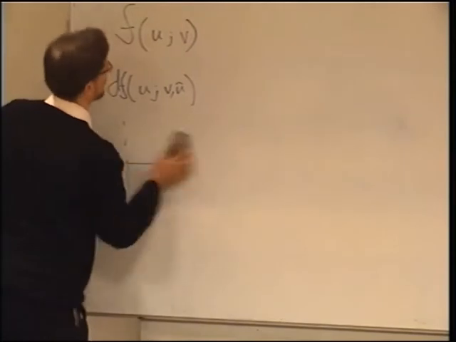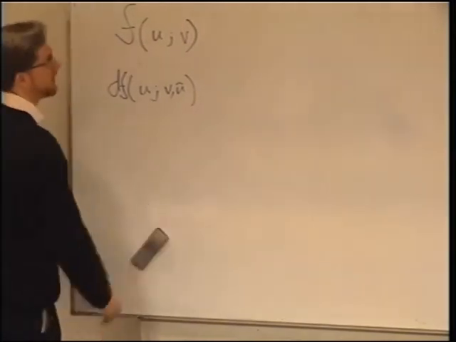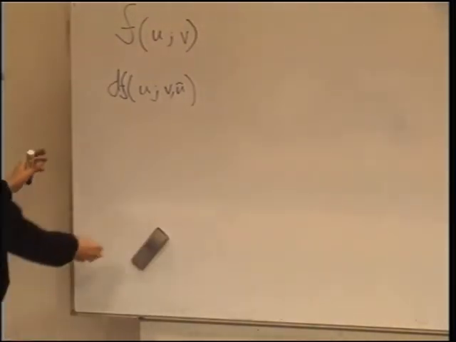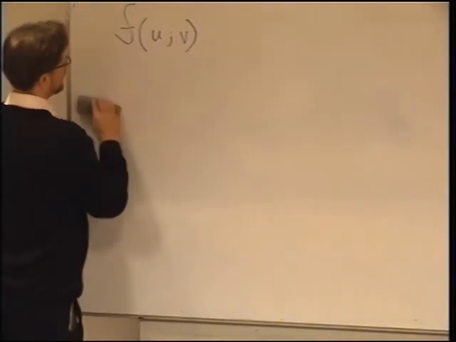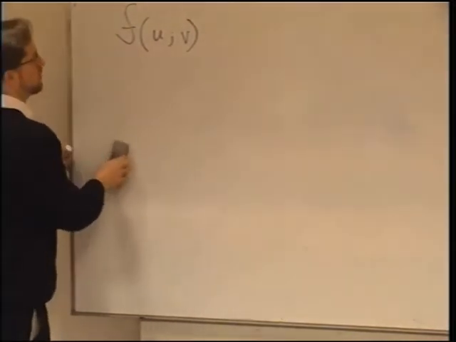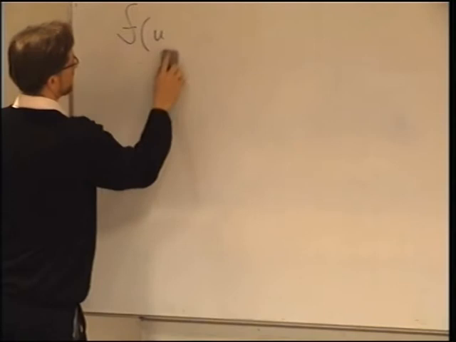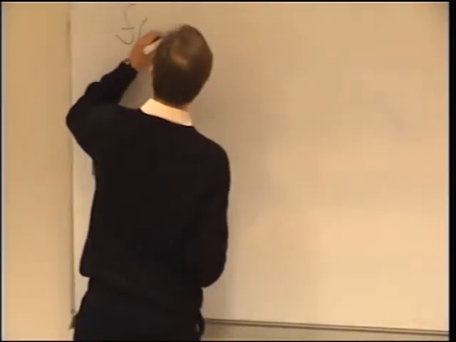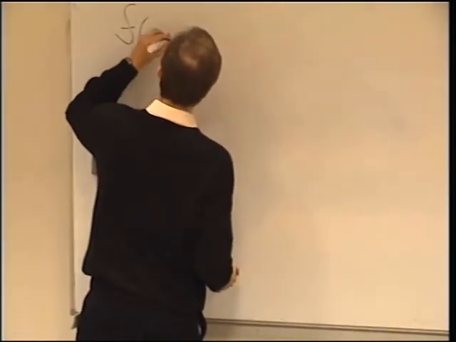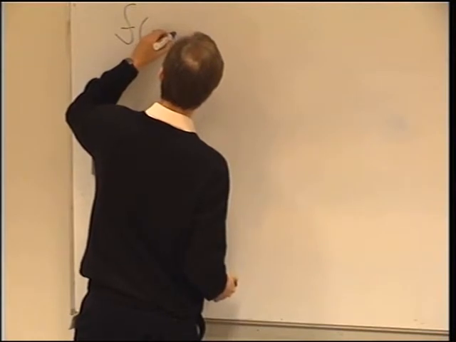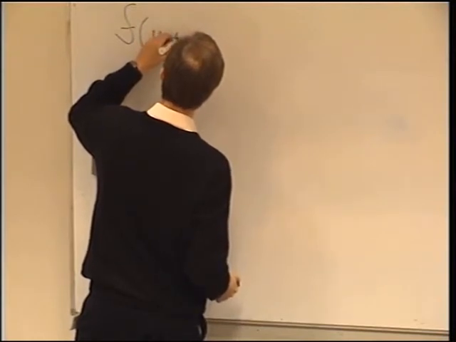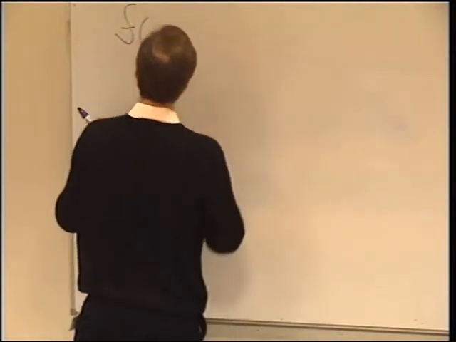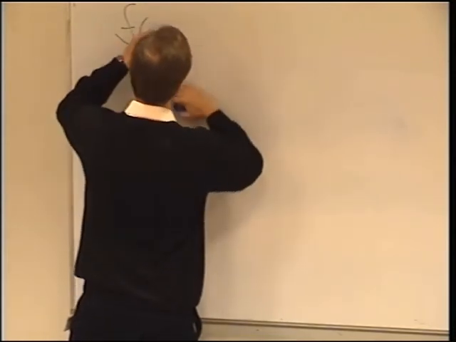Now, in order to get Newton's method back, we want to write out the Taylor series. So we are looking for u plus, well, we might as well just call this u tilde. It's going to be the same thing.